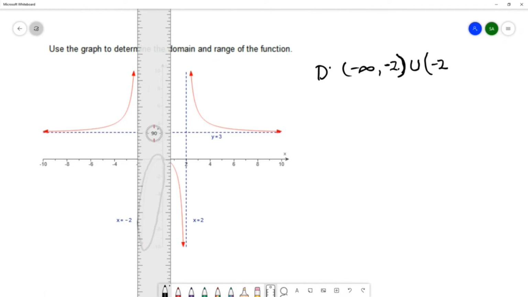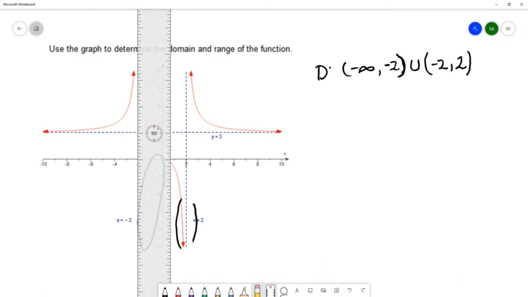The same thing happens. This piece of the graph gets closer and closer without ever reaching it. So my domain continues till 2. If I go all along this vertical line, there is no part of the graph. There are no ordered pairs that have an x of 2.